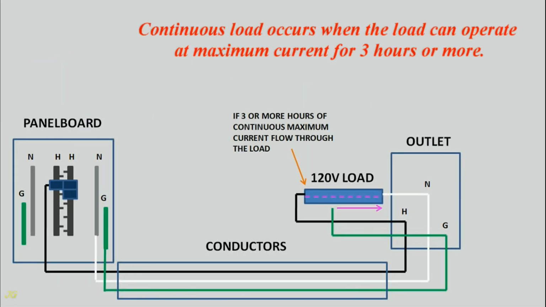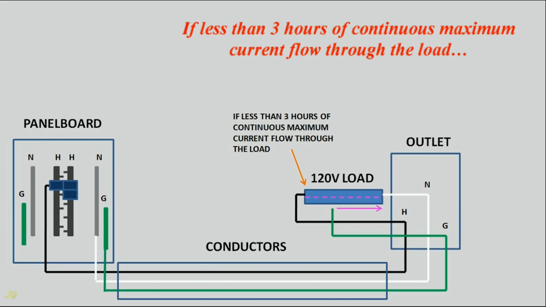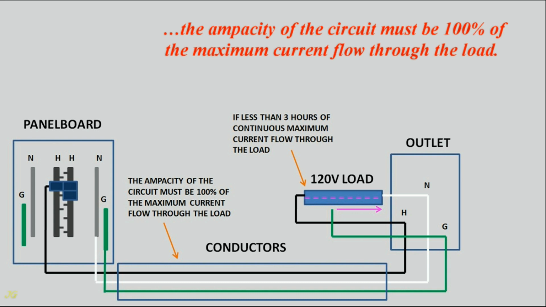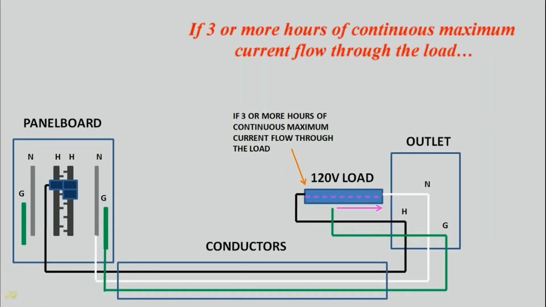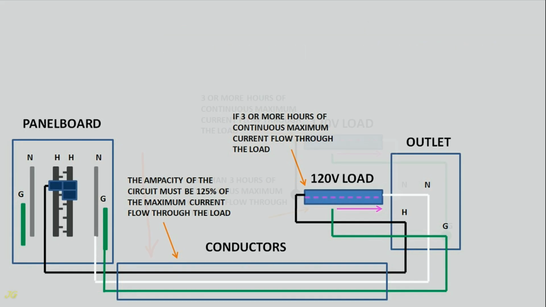Continuous load occurs when the load can operate at maximum current for 3 hours or more. If less than 3 hours of continuous maximum current flow through the load, the ampacity of the circuit must be 100% of the maximum current flow through the load. If 3 or more hours of continuous maximum current flow through the load, the ampacity of the circuit must be 125% of the maximum current flow through the load.